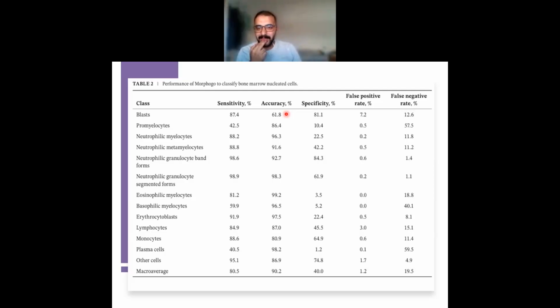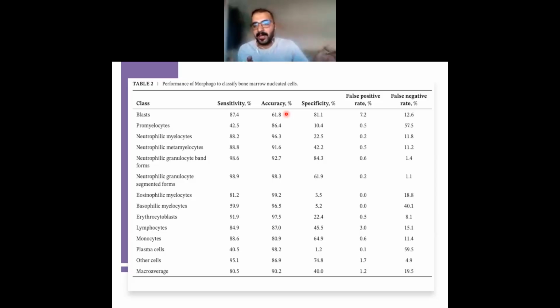A false positive is when the system classifies, for example, a blast as a blast, but it is not a blast.